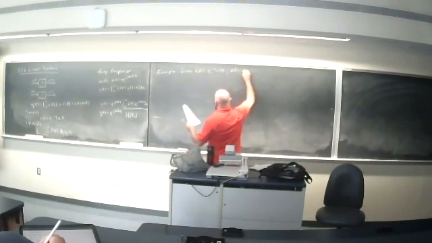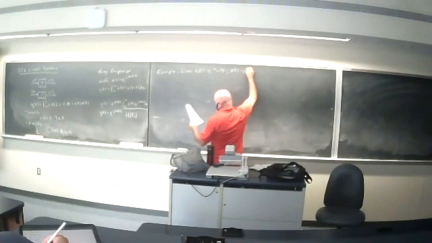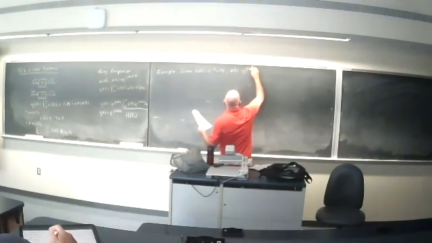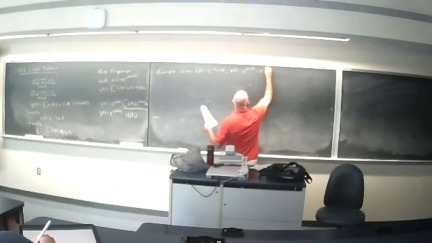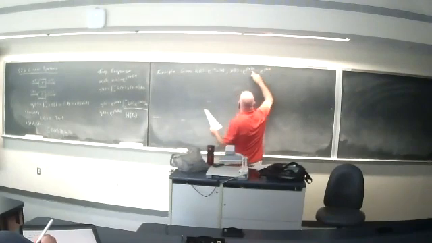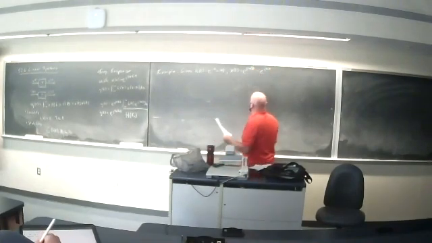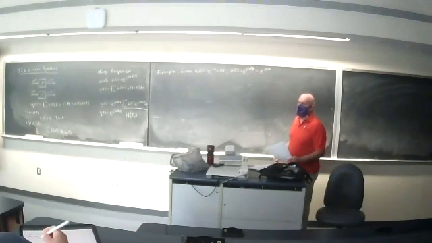Let's say x of t is e to the j 2 pi, and I'm going to let the frequency be 2. I could write that as e to the j 4 pi t, but writing it like this makes it easier to see what f0 is. It's 2 in this case.